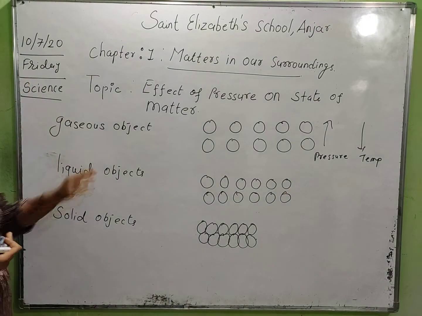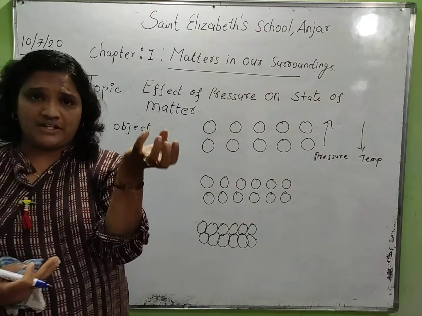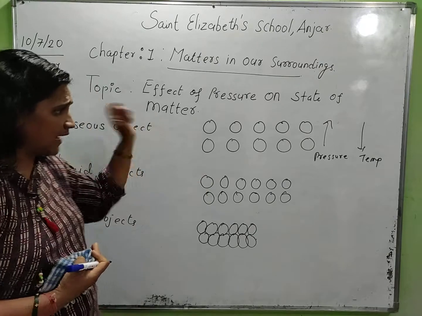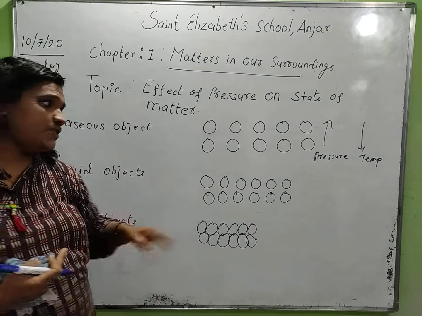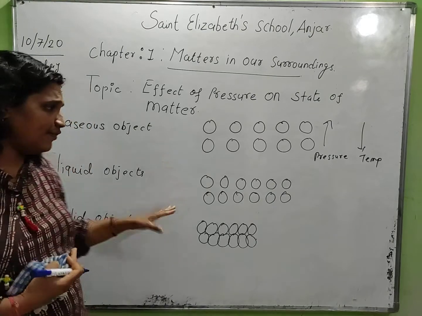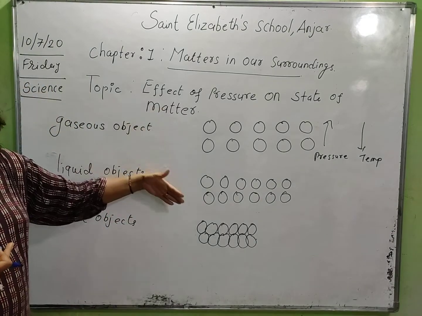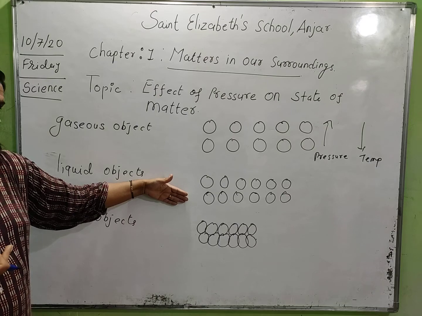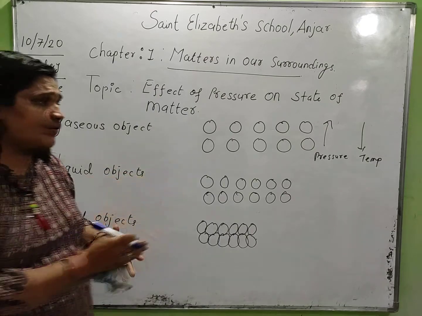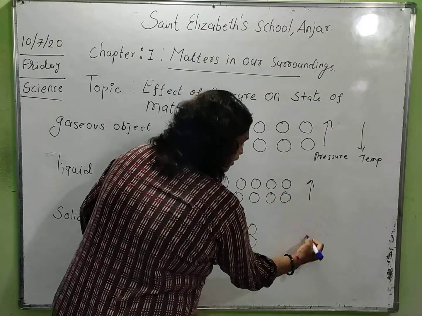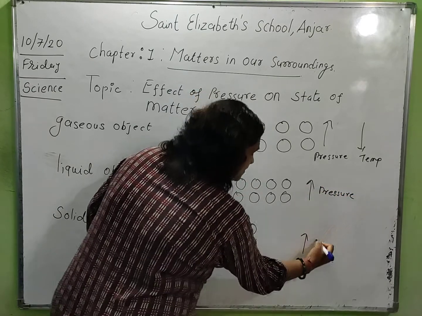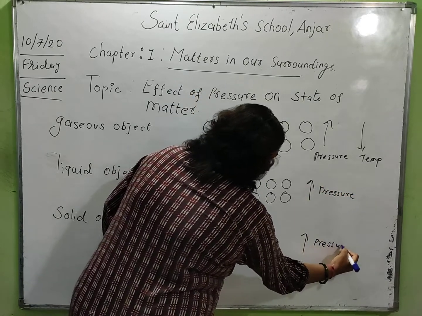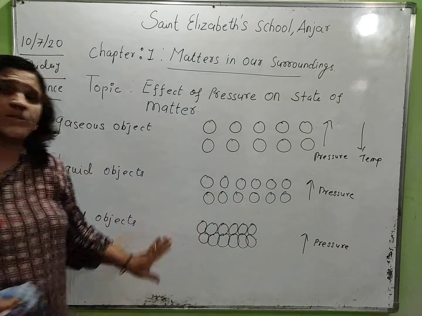So while we increase the pressure and decrease the temperature for a gaseous substance, the molecules come to the prior state, that is liquid. In the same way, if you go on increasing the pressure, the object will come into the solid state.